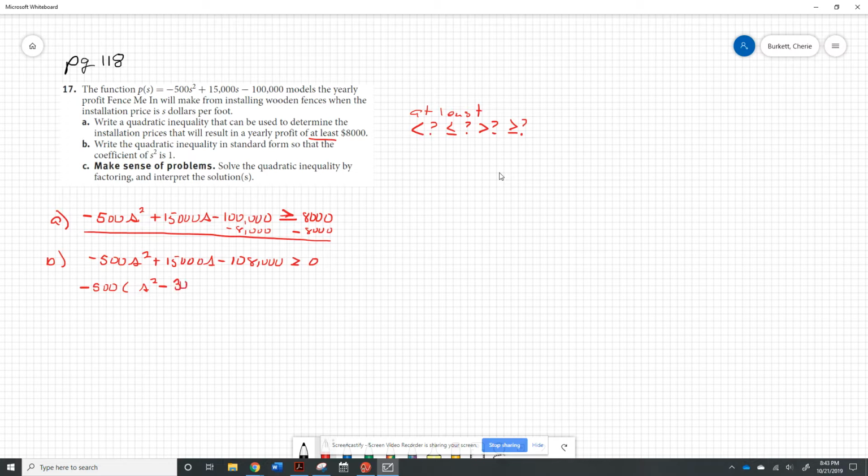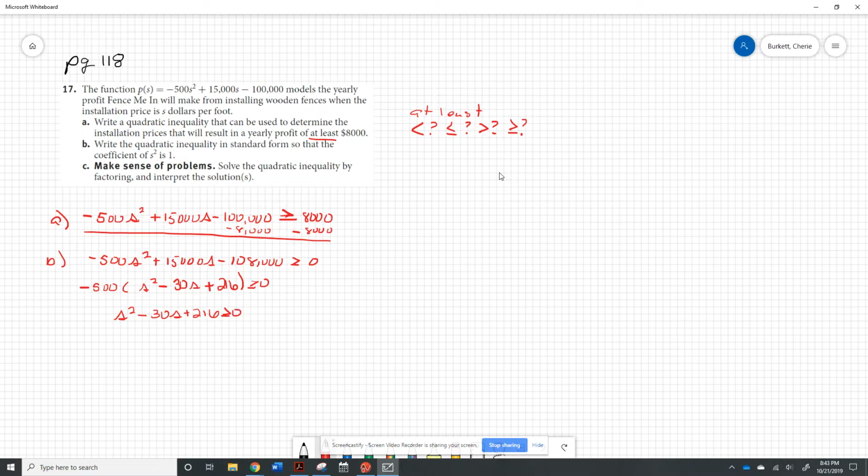So this becomes 30s. And 108,000, undistribute the 500. And we're left with 216. But this is going to be a plus 216, because remember, if I redistribute that, a negative times a positive will give me a negative. Okay, now you don't have to, but you can divide both sides by negative 500 to get s squared minus 30s plus 216 is greater than or equal to 0.